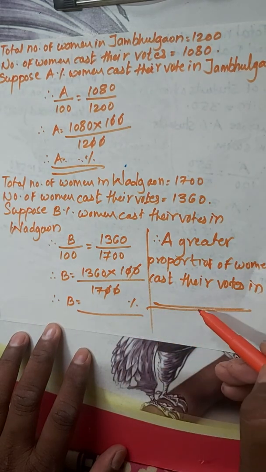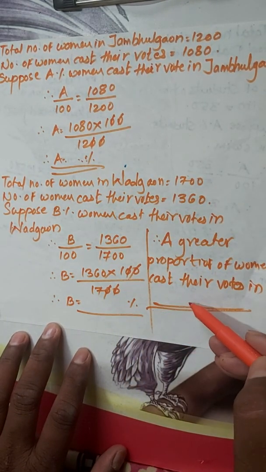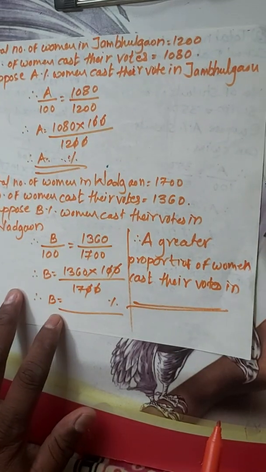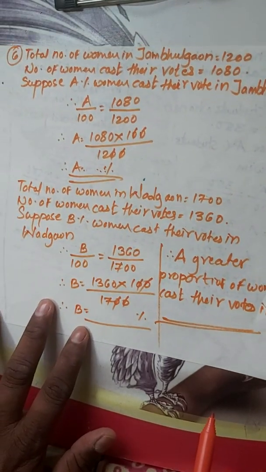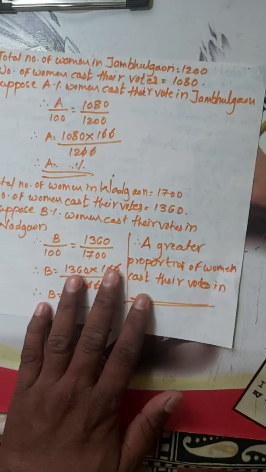See the percentage and directly write the name of the village, Jambulgaon or Vadgaon. I hope you understood this, students. You can take a screenshot.